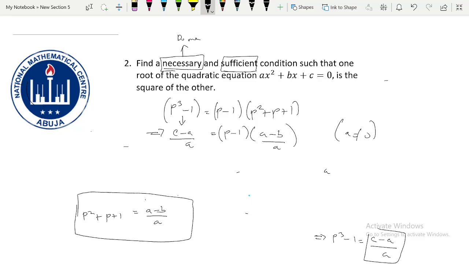So I can just multiply it by a. So I have that c minus a is p minus 1 times a minus b, right? I have something like p minus 1 is c minus a over a minus b, right? Then I have something like p is c minus a over a minus b plus 1.